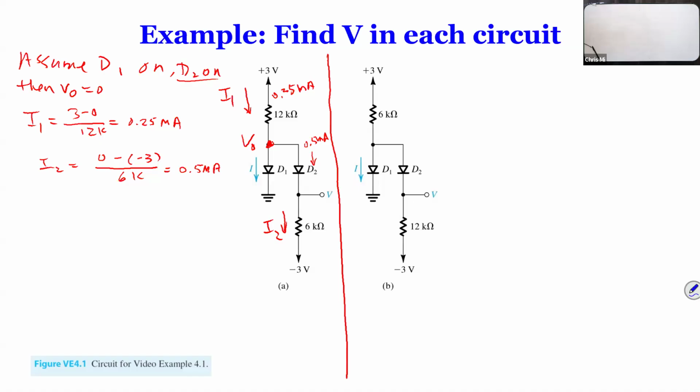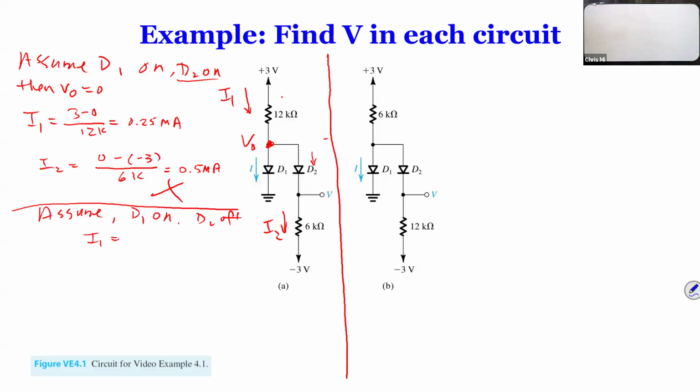So we have to do it step by step. It's wrong. Now I'm going to erase this one so we don't get confused. Now assume, he said, what do you want to assume? D1 is on and D2 off. That means I1 doesn't change.